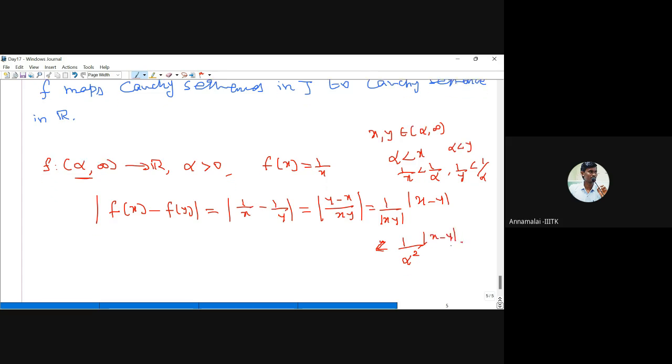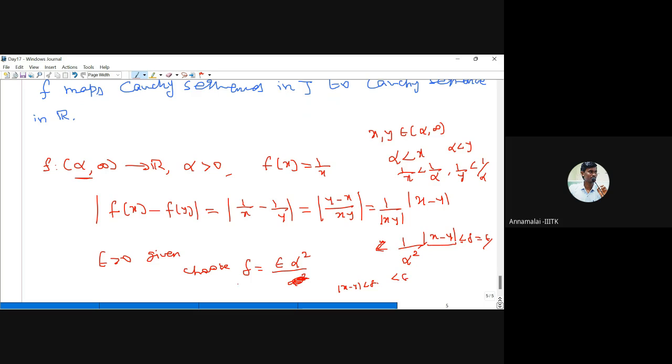Now we can choose delta. Epsilon greater than 0 is given. Choose delta as epsilon times alpha square. So now whenever mod x minus y is less than delta, this quantity is less than epsilon, since the alpha square cancels.